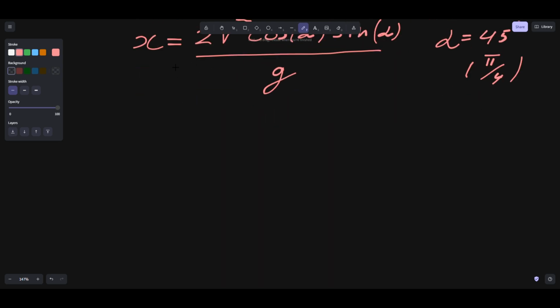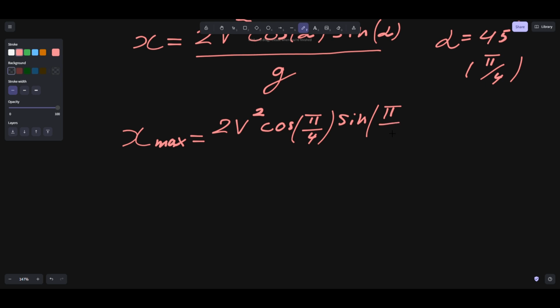So if we want to have the x max value, the maximum range, we write 2v squared cosine pi over 4 or 45 degrees, either of the two is fine, sine pi over 4, over g.